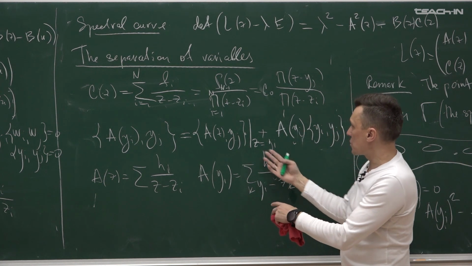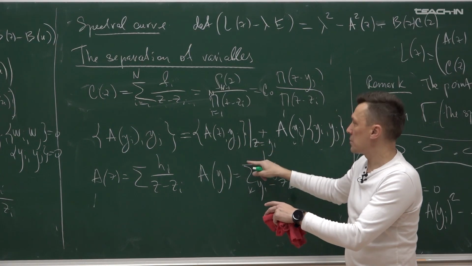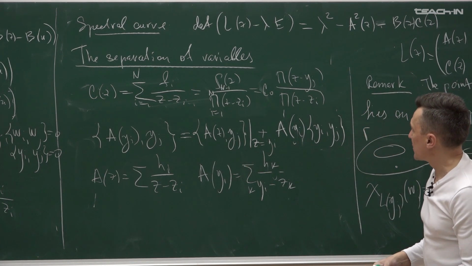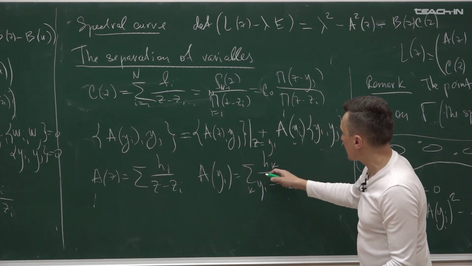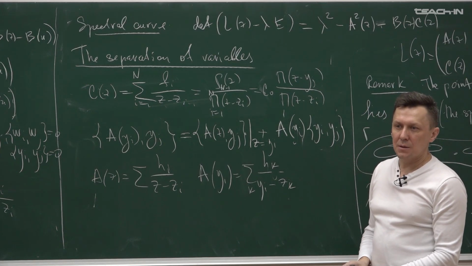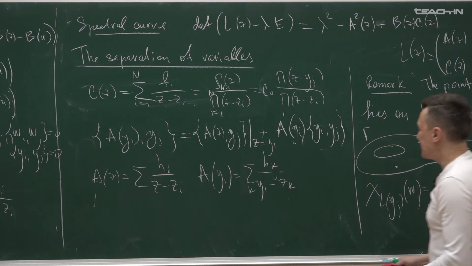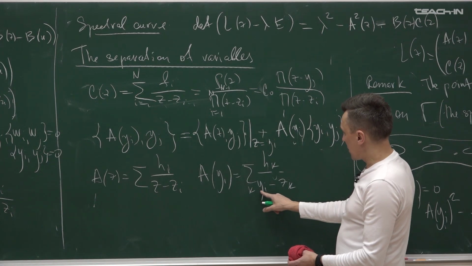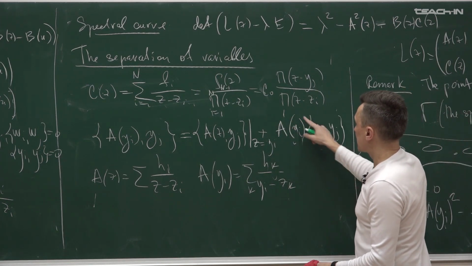And it is the same as to calculate the Poisson bracket of the function A of Z with y_j, and then put the value y_i in place of Z. But then when we calculate the bracket with the variable y, we do it just by the Leibniz rule.